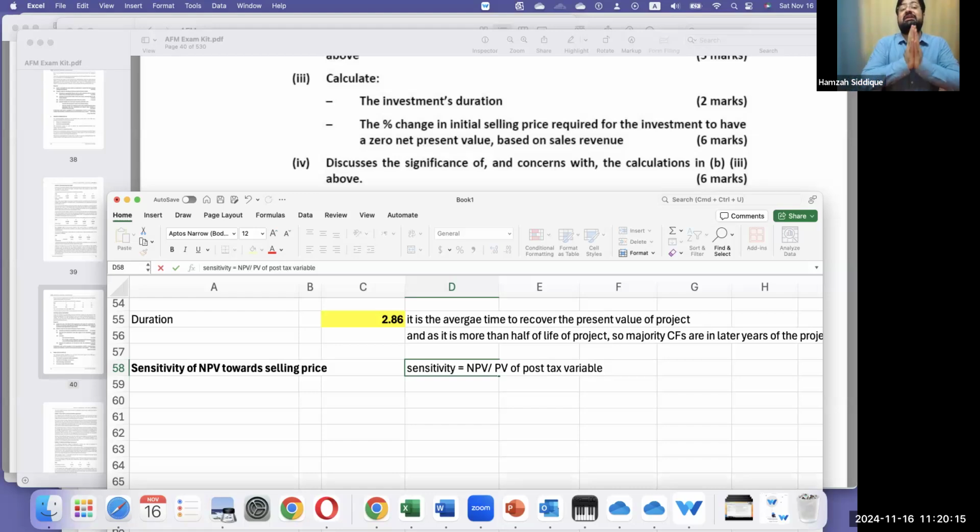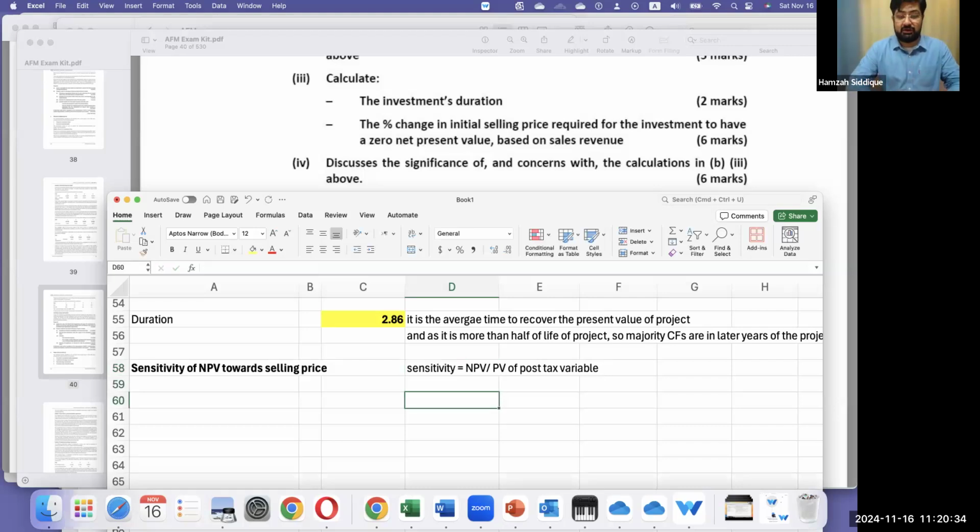Here it is a different type of question. I have chosen it for the same reason, because there is no such question where you get such complexity in the sensitivity. It is covering three, four topics. So first of all, we have to calculate the variable, and we have already calculated.